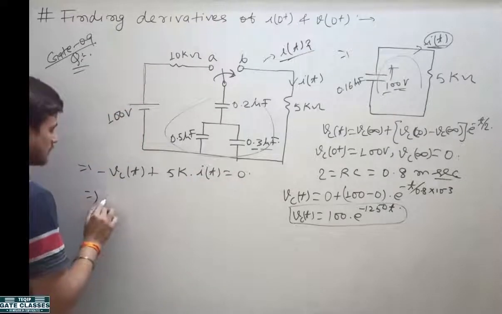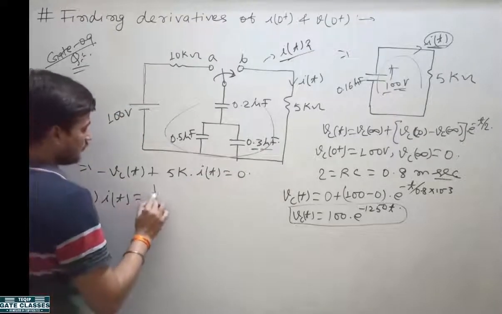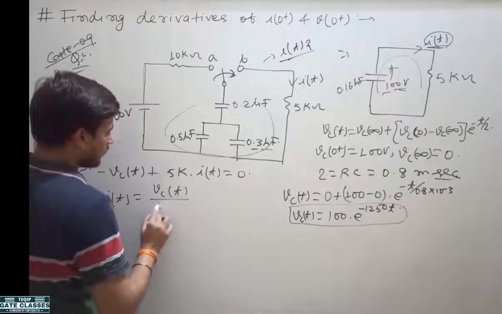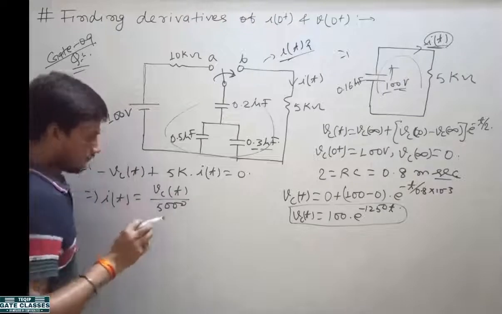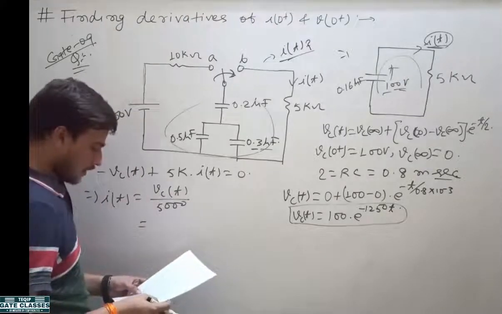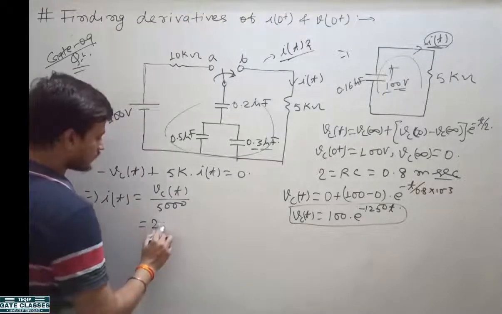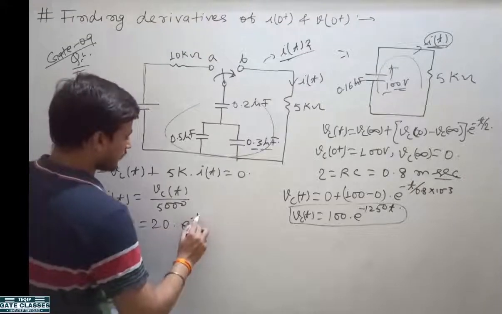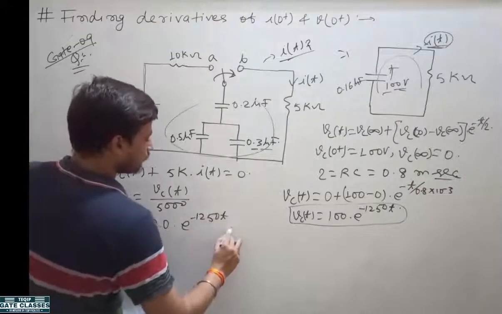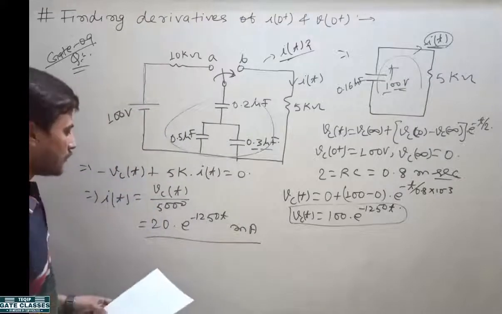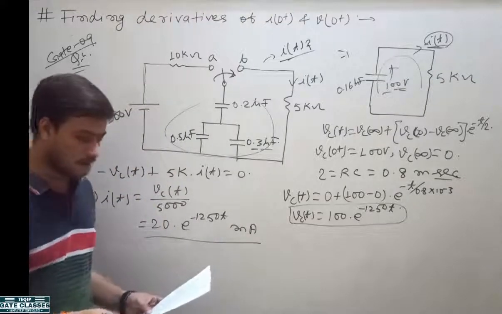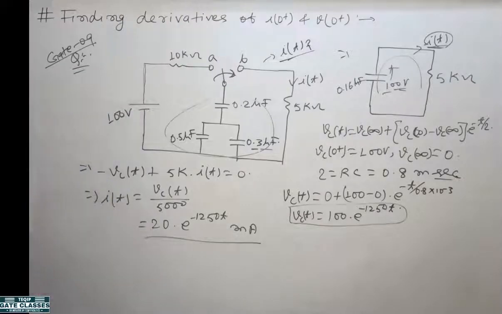That means IT will be written as VCT divided by 5000. So here it will be 100 divided by 5000. Its answer will be 20 into e to the power minus 1250 t milliampere. Clear?